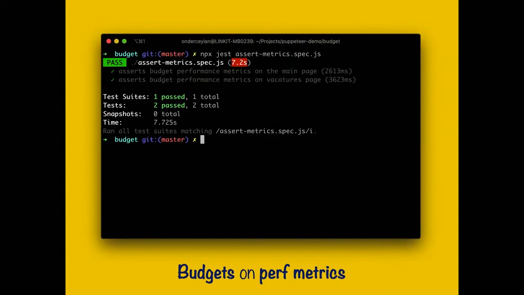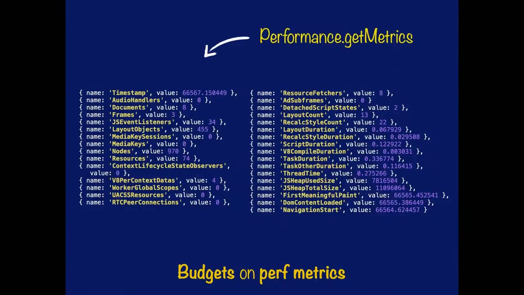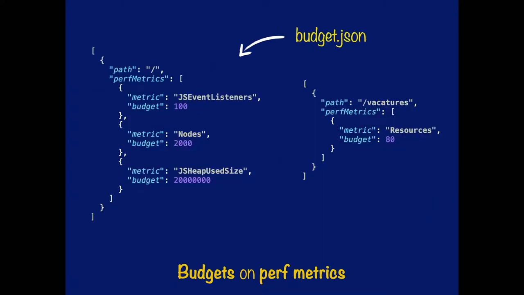Budgets from performance metrics. This is also another useful way of performance testing of your application. You remember the Performance.getMetrics protocol call, right? With that protocol call, I get a lot of useful information, and I use it in a different way in my unit test. So I built my own budget JSON, which has my own performance metrics.